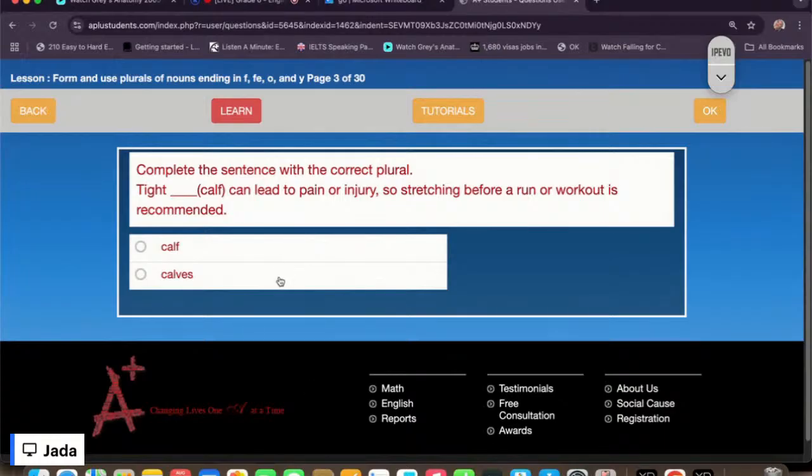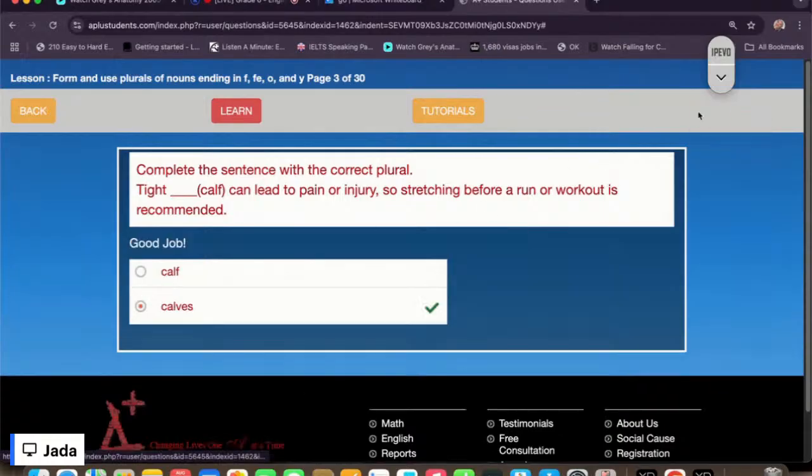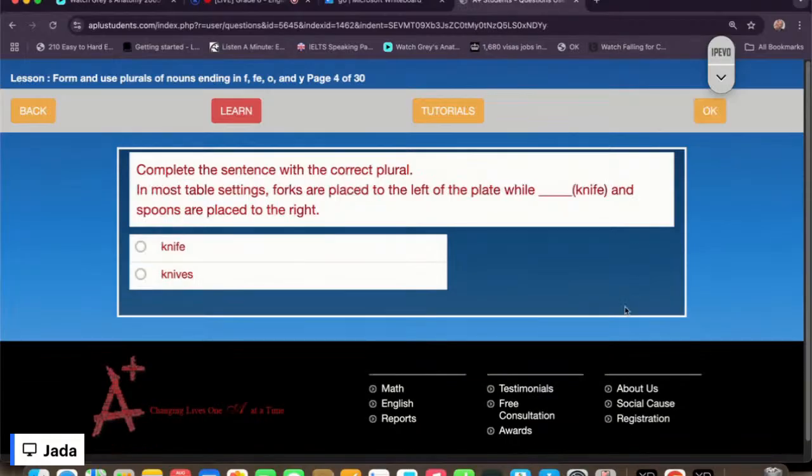So we have cows, VES. It changes. So next up we have: in most table settings, forks and spoons are placed to the left of the plate, while knives and spoons are placed to the right.